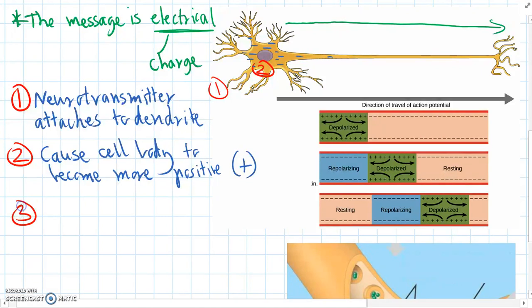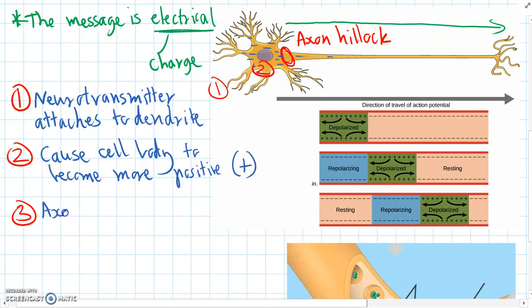And if there's enough positive charge, then there's a region at the start of the axon called the Axon Hillock. That's one we didn't mention earlier. And the Axon Hillock is kind of like a roadblock. If there's enough positive charge, then it can get past the Axon Hillock, and then that causes the message to move along the axon.